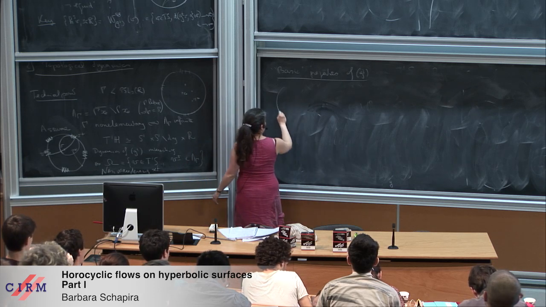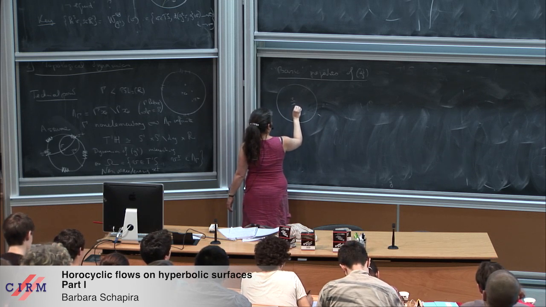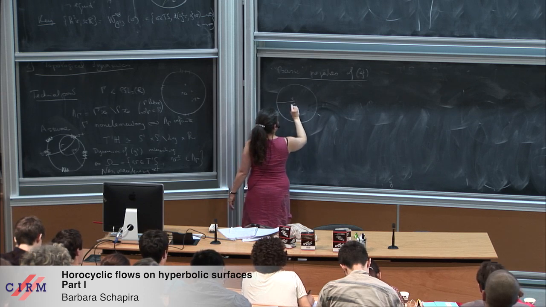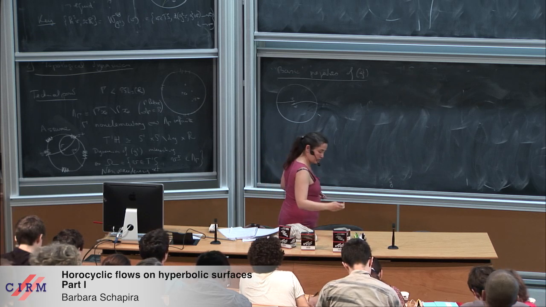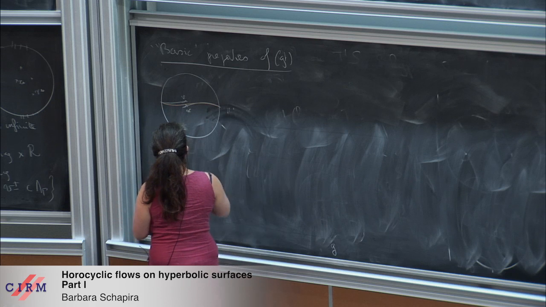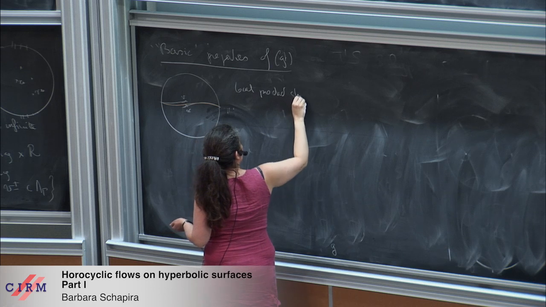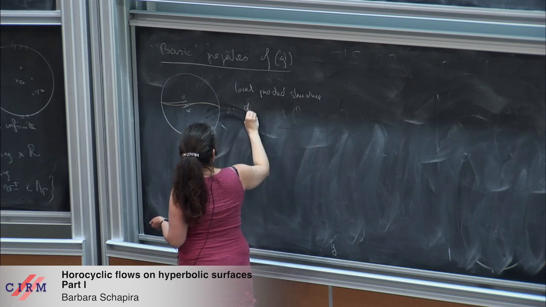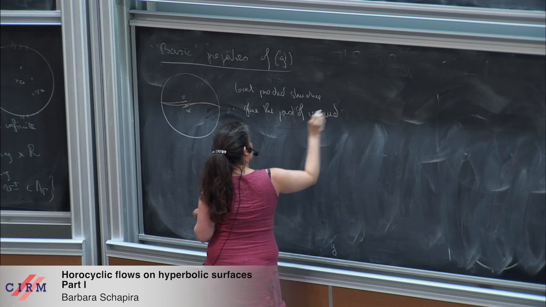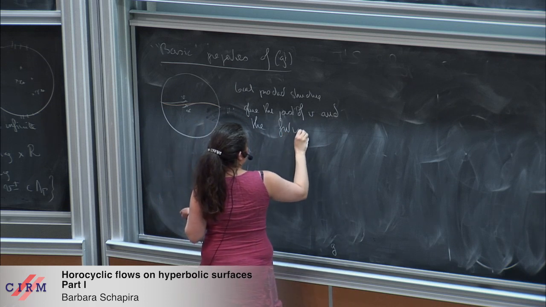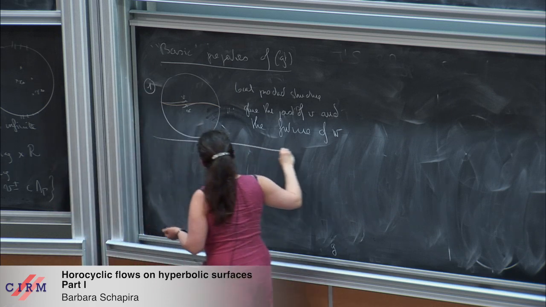The first, I already mentioned it, is the local product structure. Take two vectors which are close one to the other. It's possible to glue the past of V and the future of W. So that's the local product. That's the first important property.